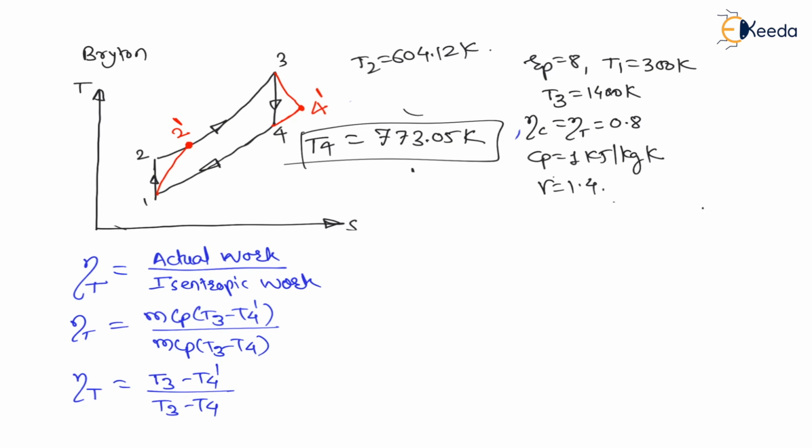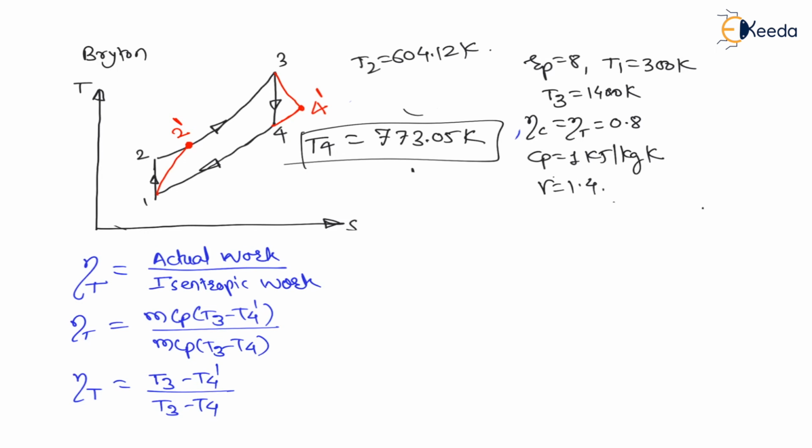Here again, as with the compressor, the efficiency is always less than 100%, as given 0.8. Therefore in the numerator there is a lesser difference, divided by the maximum difference in the denominator. Therefore T3 minus T4' is less than T3 minus T4.